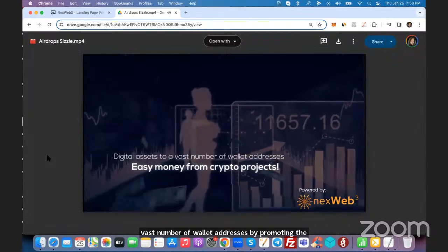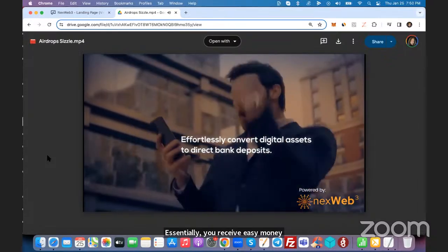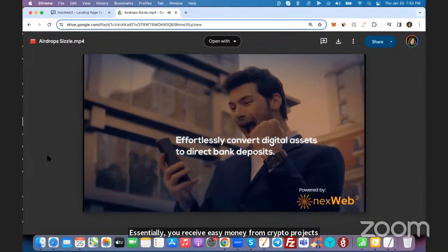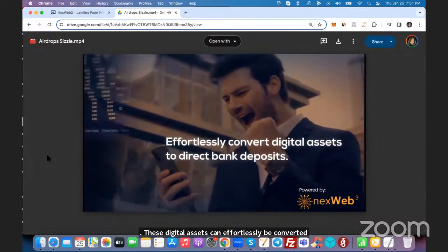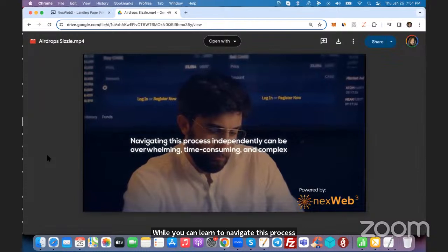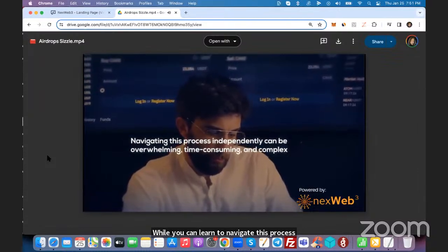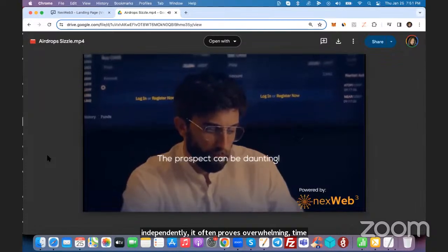Essentially, you receive easy money from crypto projects. These digital assets can effortlessly be converted into funds deposited directly into your bank account. While you can learn to navigate this process independently, it often proves overwhelming, time-consuming, and complex. The prospect can be daunting.